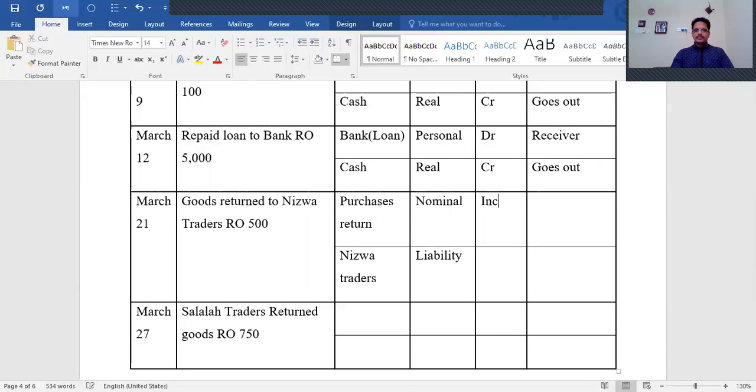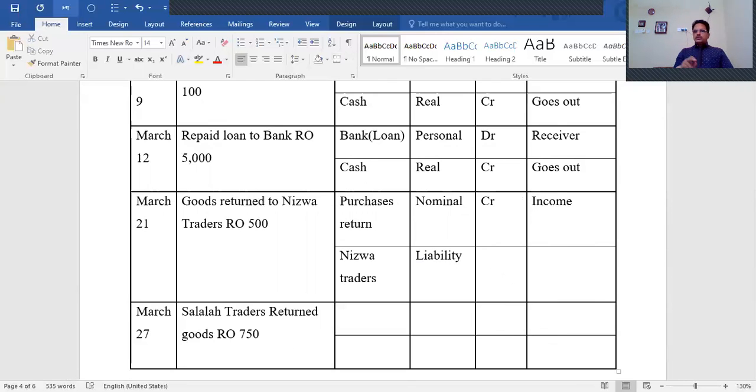You can write income here. The rule is: debit all expenses and losses, credit all incomes and gains. So it is a credit aspect. So it is a credit.